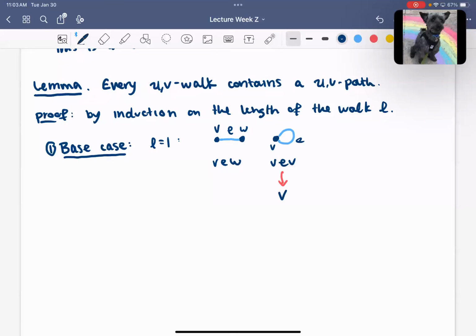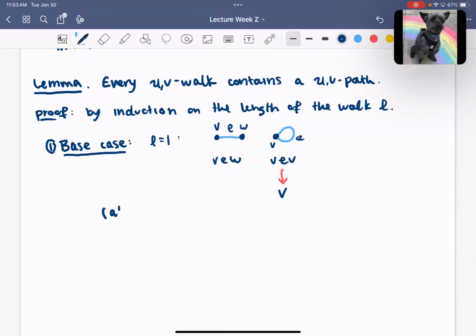So this is satisfactory for the base case. We've shown that if a walk has length 1, then it contains a path. Another thing you could do for the base case is take length 0, which is maybe even easier because the only walk of length 0 is just a single vertex, which is already a path. So that's another option for the base case.